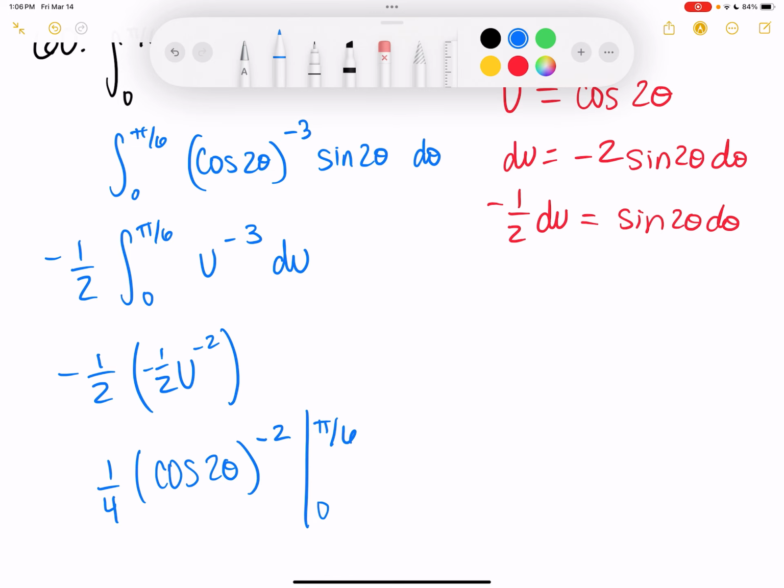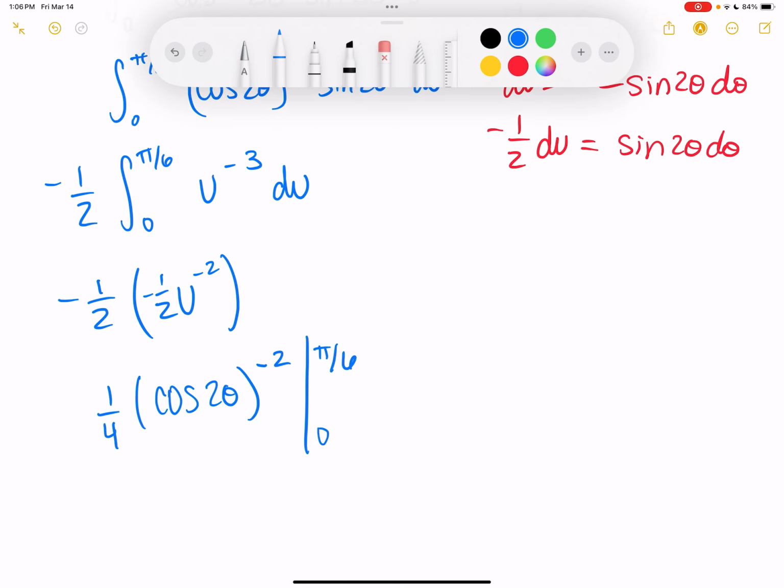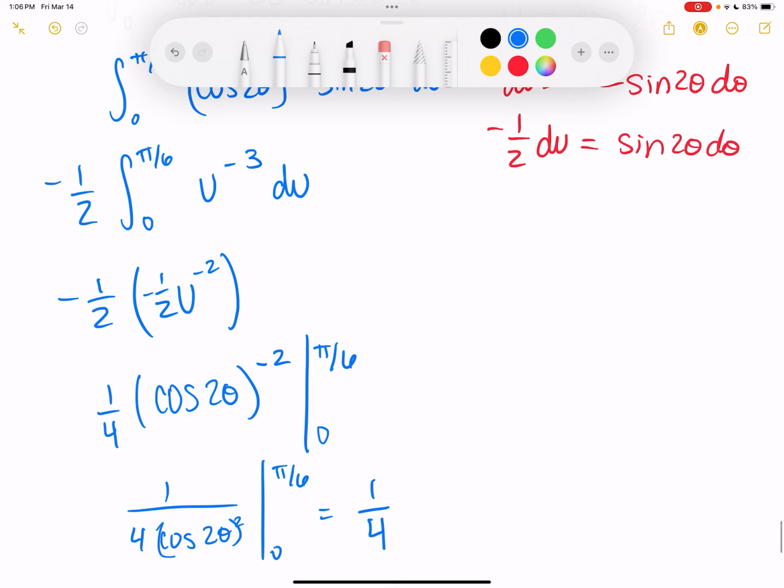So perhaps it would be easier to think about this as 1/4 cosine squared of 2 theta, or actually cosine 2 theta squared, evaluated from 0 to pi over 6. Now, I'm going to put the 1/4 out front, because otherwise I have to write it twice.